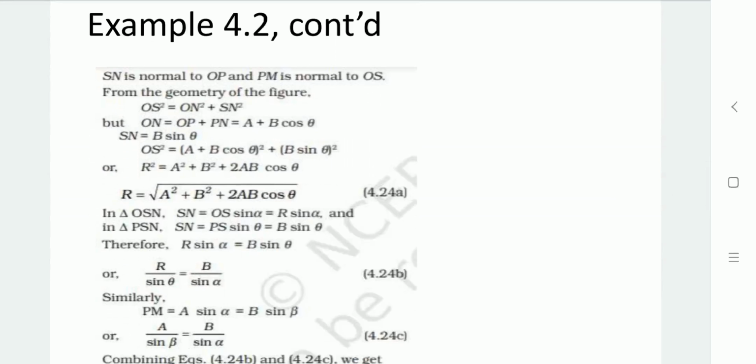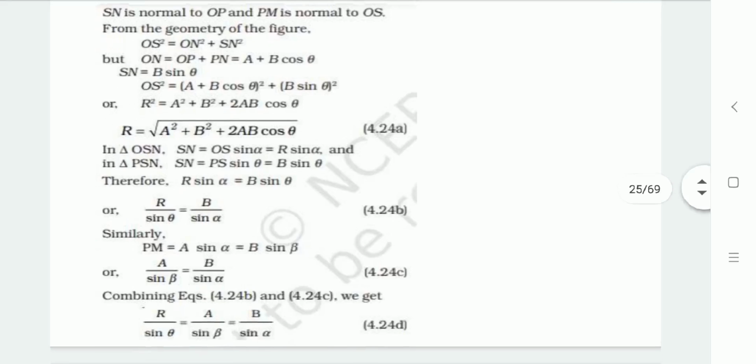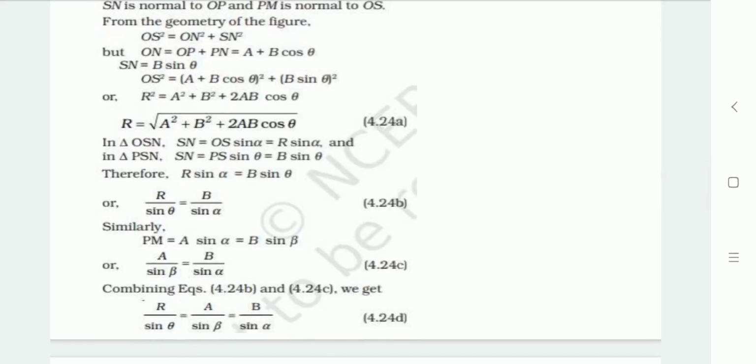And in triangle PSN, SN equals PS sin theta, that is B sin theta. The SN values are the same, so let us equate both values of SN: R sin alpha equals B sin theta. By equating this, we have the equation R upon sin theta equals B upon sin alpha.